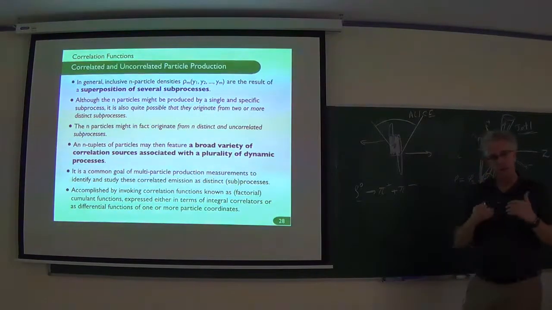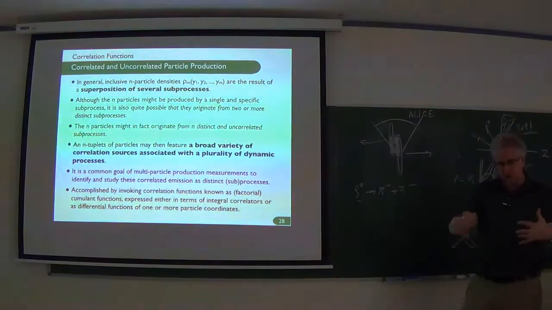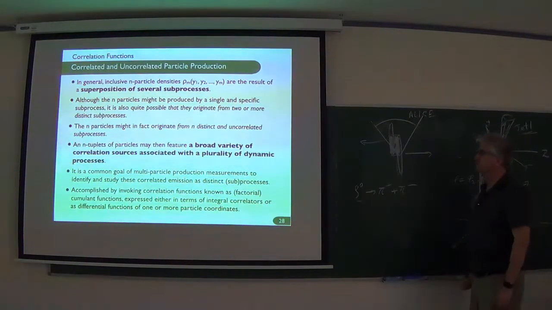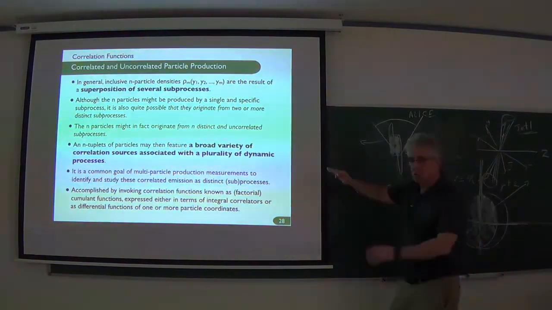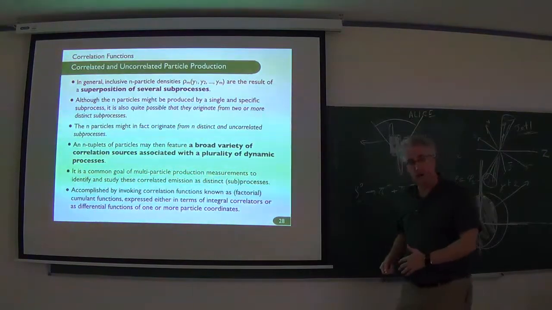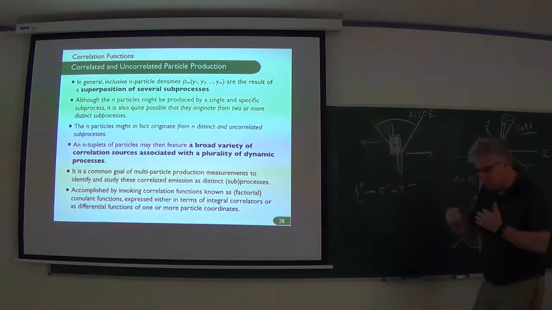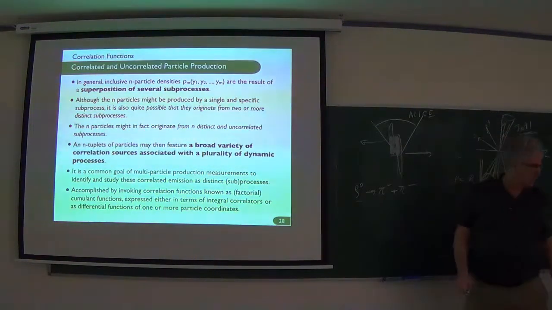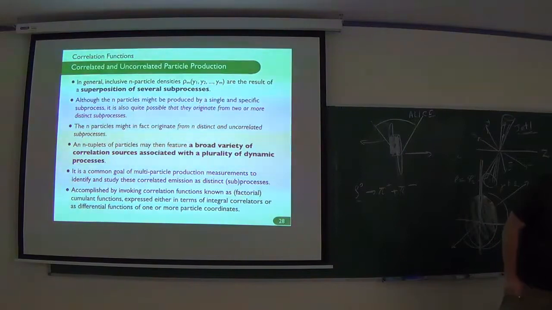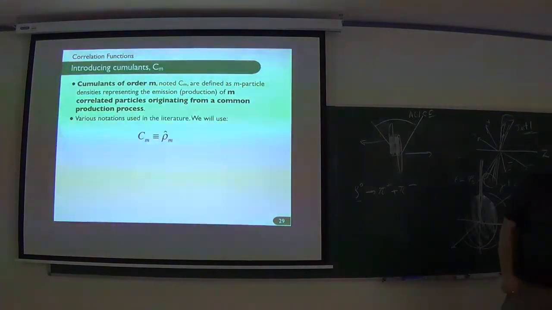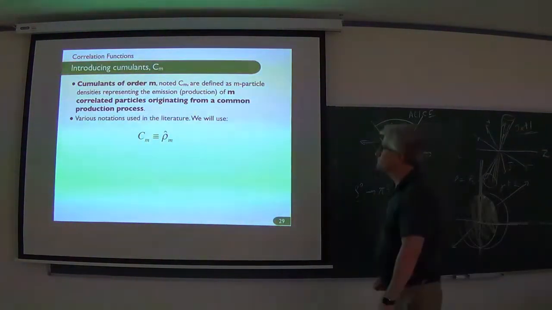So what we would like to do is to determine what fraction is actually correlated emission. There's a plurality of processes that can cause these correlations. We want to be able to extract them. So we're going to introduce the notion of cumulants to do this.